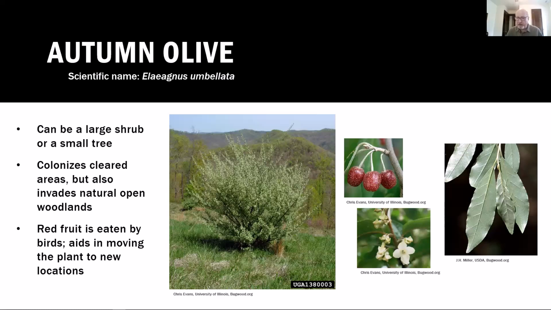They introduced it in Michigan to try to establish a reproducing pheasant population because they like to eat these, and they weren't successful in doing that, but the autumn olive did really well, unfortunately. And similarly, they used to plant it, I hope they don't anymore, by the Pennsylvania Game Commission.